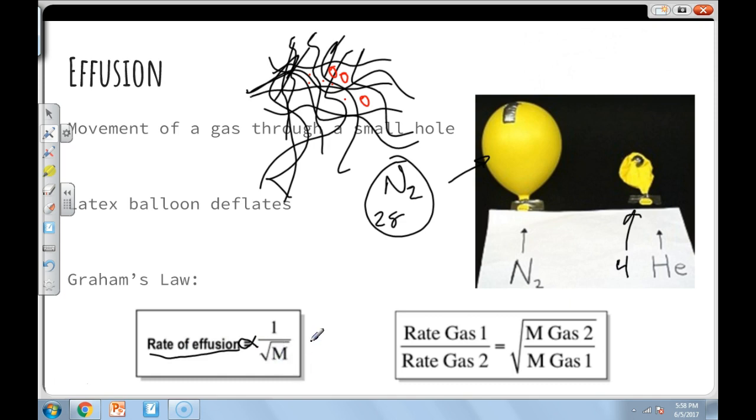Now, the way that we usually apply this is we say that the rate of effusion of the first gas divided by the rate of effusion of a second gas is equal to the square root of the molar mass of gas 2 over the molar mass of gas 1. So this is the practical application of effusion.